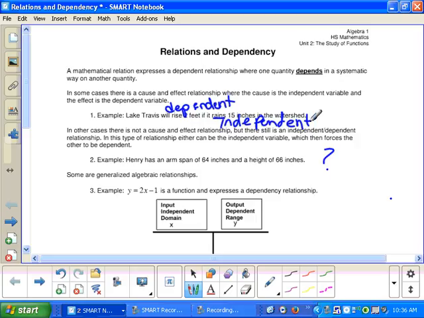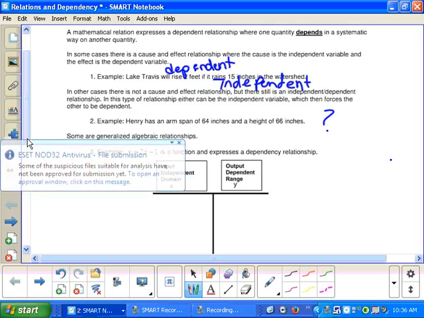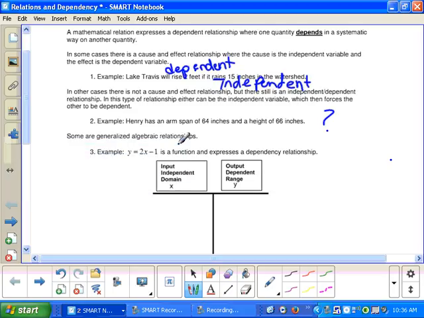What we're going to see most often is going to be like number 3, where we have an equation. In this case, y equals 2x minus 1. We have these 3 names, so to speak, so x is independent, domain, input; range is output, dependent, y.